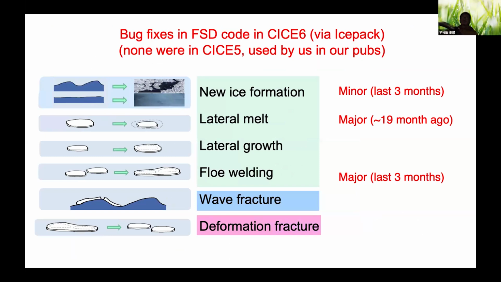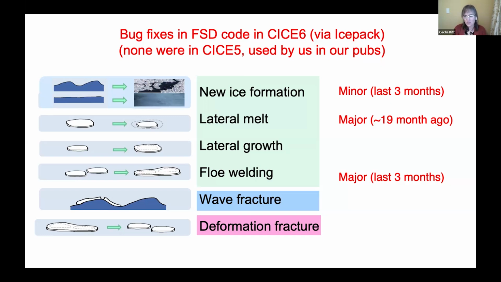And unfortunately, I don't have as many great results from simulations. I do have some, but the work that I've mainly been doing is to bug fix and to tune the model. So I wanted to actually say what the bug fixes were, because I think some of you are using CICE and may not know about all of them. So you definitely want to be keeping up on the updates to CICE and Icepack specifically, where the floe size distribution code lives.